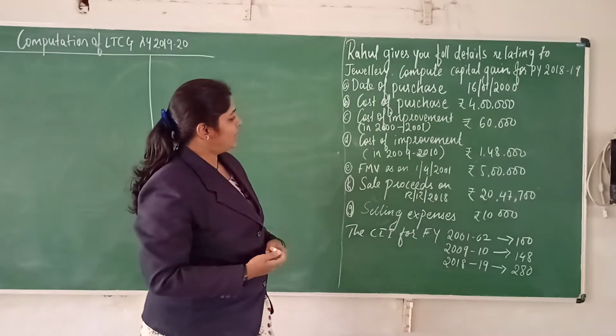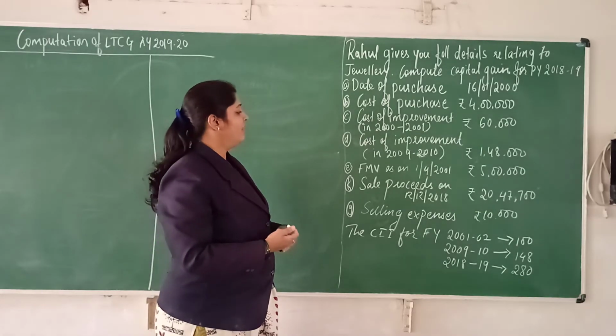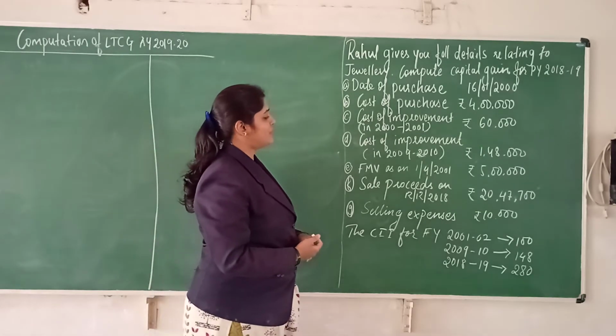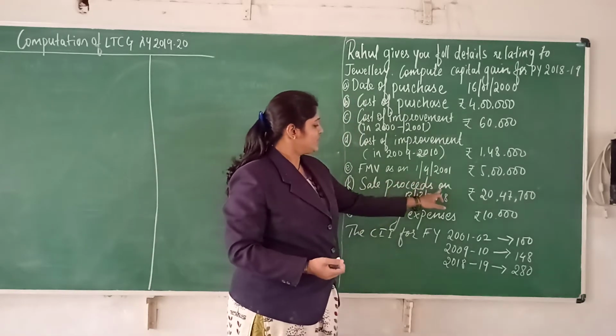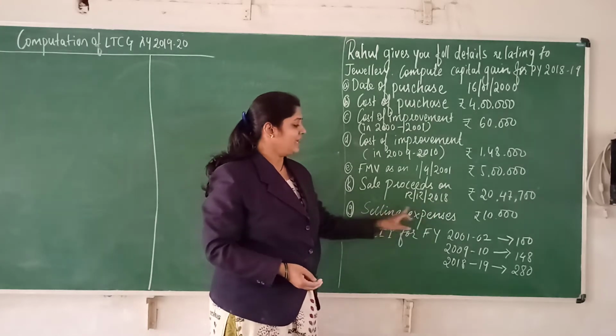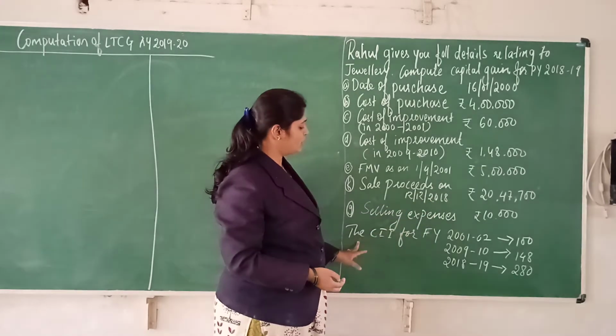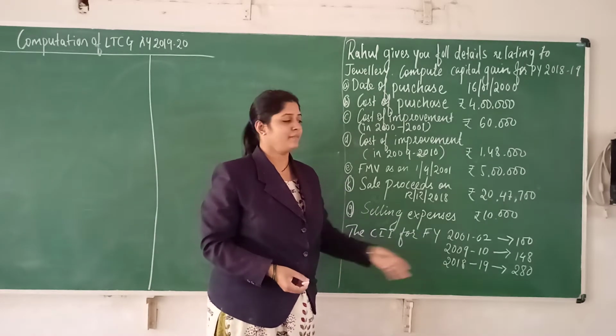Cost of improvement done in the year 2009-10 is given. Fair market value of asset as on 1/4/2001. Sale proceeds on 12/12/2018. Selling expenses are given and also the CII for different years are given in the sum.